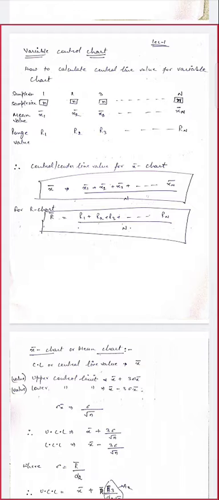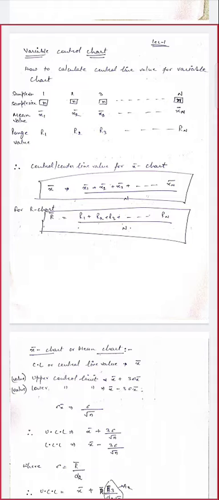After that, for each sample number there is a particular value of mean, that is x1 bar for sample number 1, x2 bar for sample number 2, x3 bar for sample number 3, and x bar subscript capital N for sample number capital N. Also there are range values r1, r2, r3 up to rN.